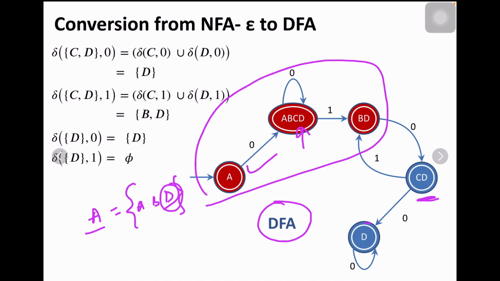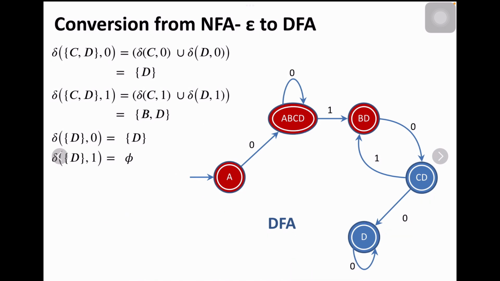Even CD also, C also contains D, so it is a final state, and D also. All three are final states in this final DFA. Hope you understood this concept. This will be the final DFA from epsilon-NFA to NFA, NFA to DFA.